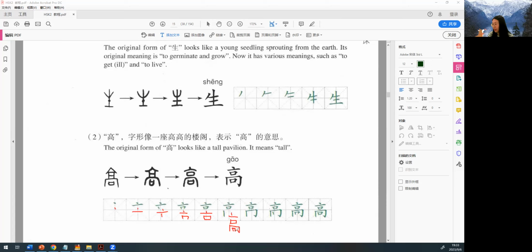I need to do it one time. And the last horizontal line. That's 高. All right. Obviously, I have to erase those. This is so hard. Oops. Okay, clean.